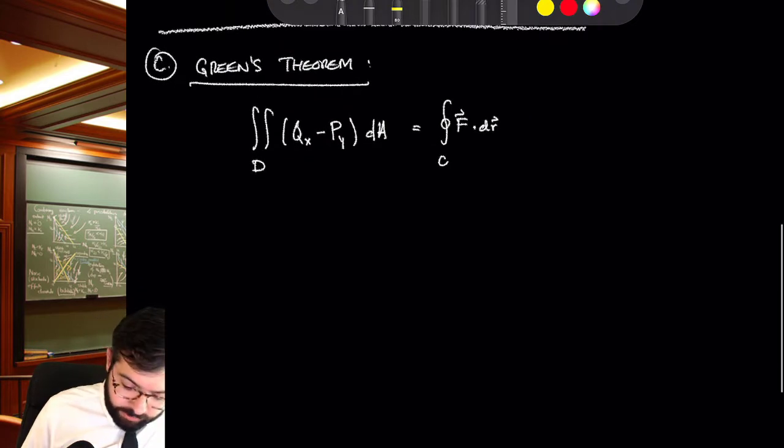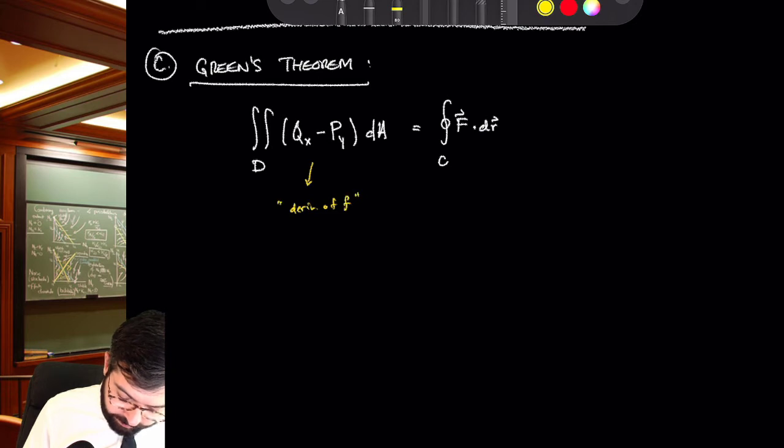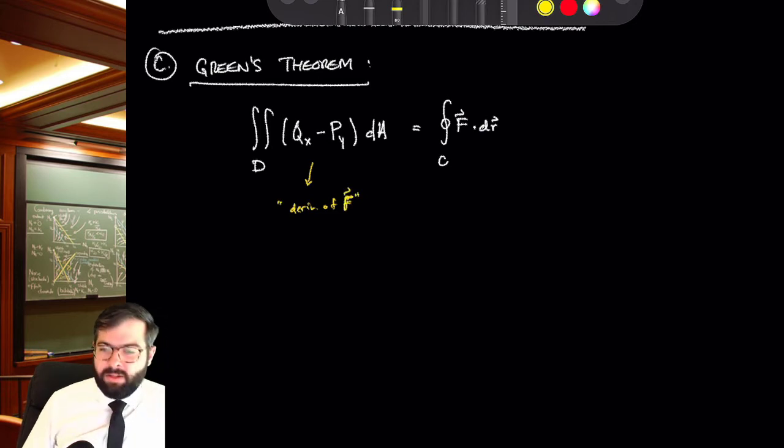So again, here we see this derivative of big F stand-in, the partial of q with respect to x minus the partial of p with respect to y, which is actually related to the curl, which we hopefully will have time to see today.